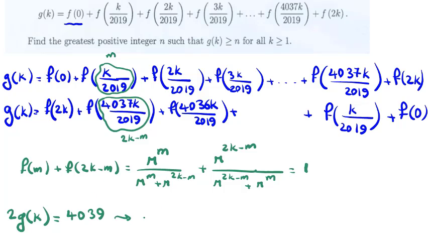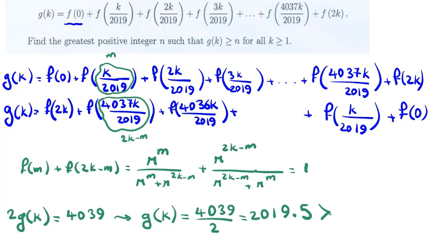And if you consider g of k, it will be 39 over 2, which is 19.5. So the problem says: find the greatest positive integer n that is greater than or equal to n. So n should be 2019. So the answer of this problem is equal to 2019.